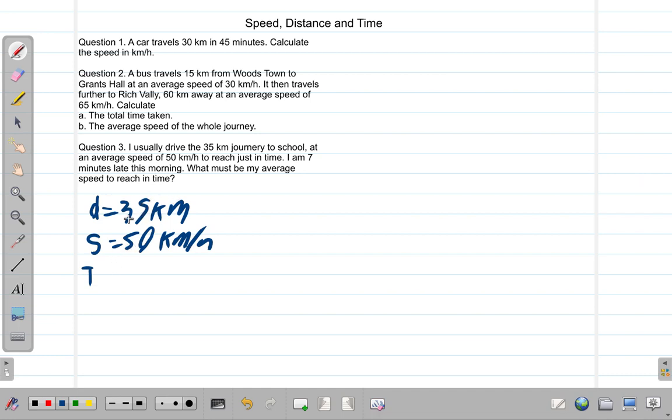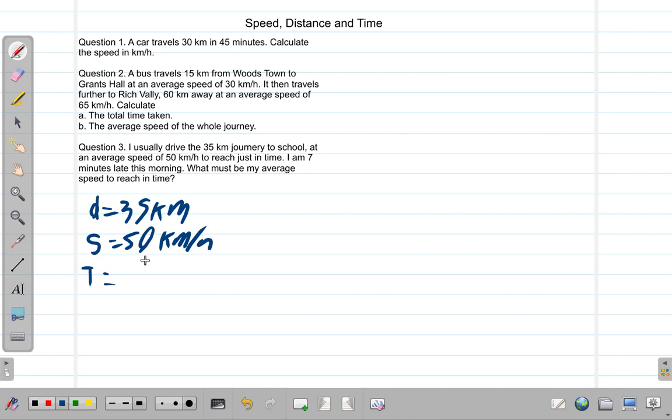We can do that if we want. But what we're really interested in is what must be the average speed if I'm 7 minutes late. Alright?